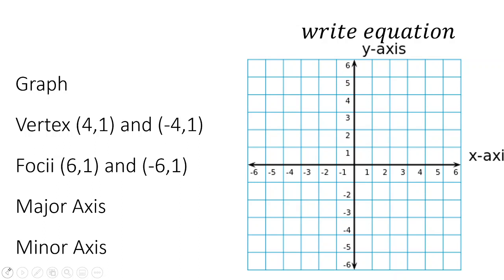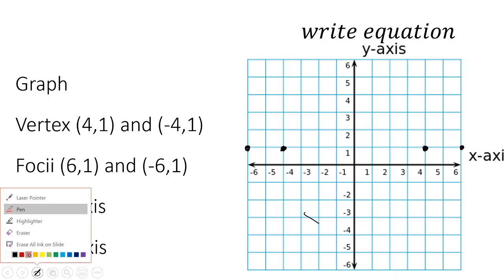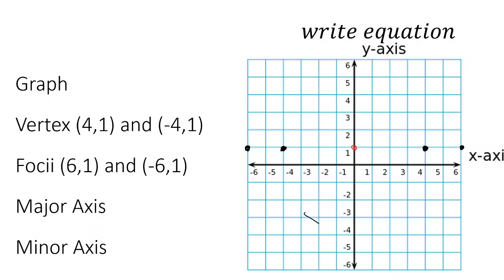If we were graphing this, we have 4, 1, and negative 4, 1, 6, 1, and negative 6, 1. Well, where would the middle be? Like, you should be able to figure that out. The middle's right here.